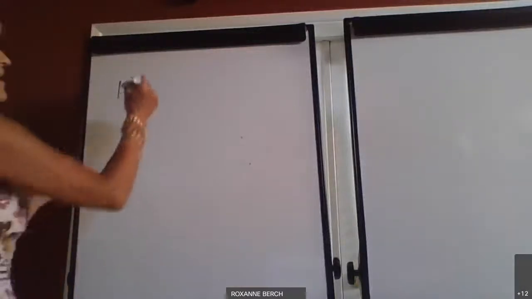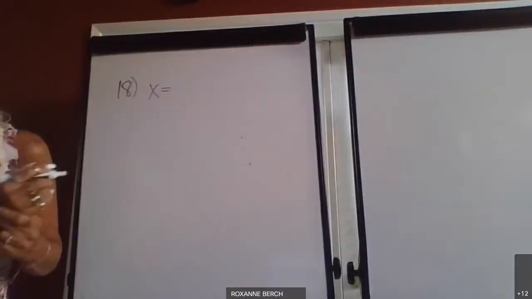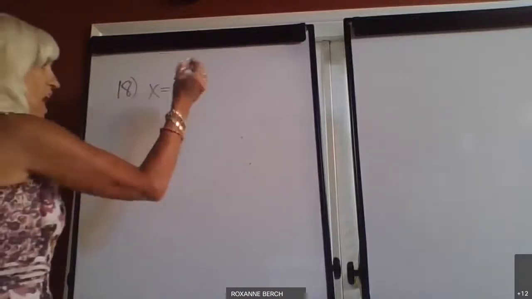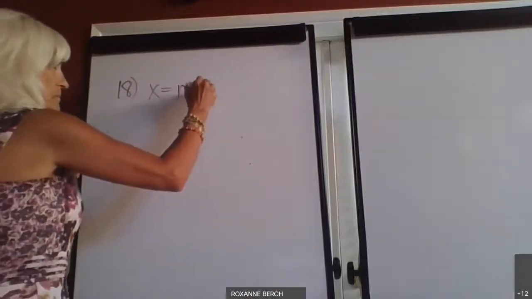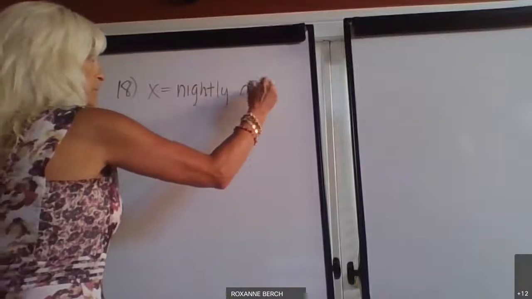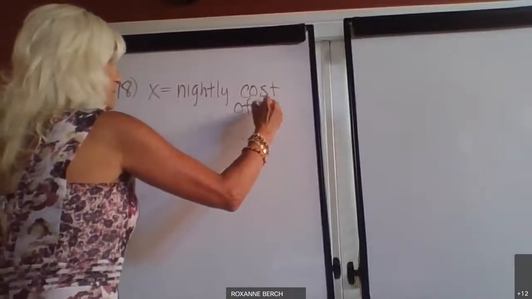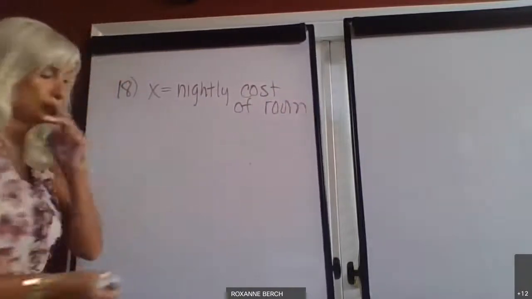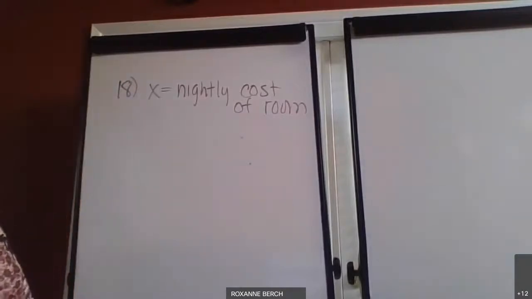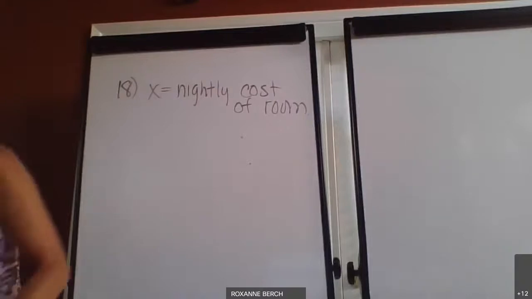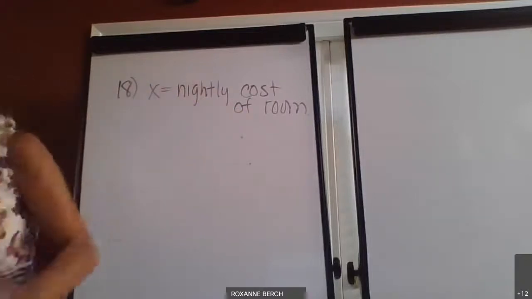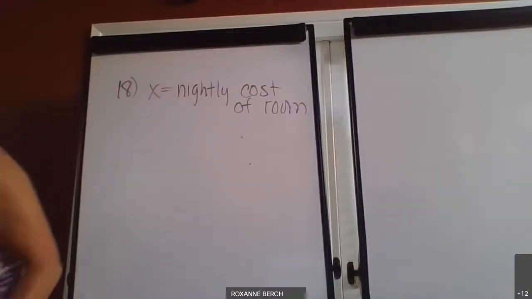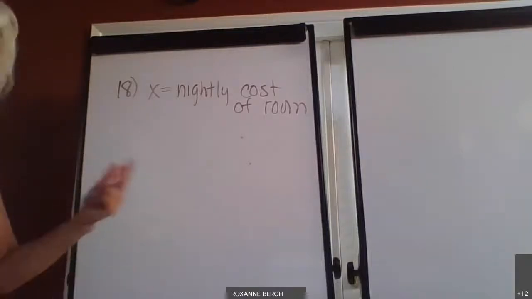So in this problem, we're going to let X be the nightly cost of the room, because what they're asking us to find is the inn's nightly cost before the tax is included.